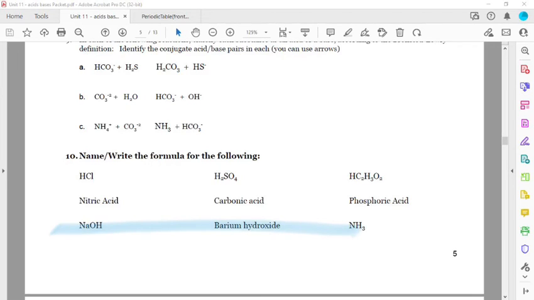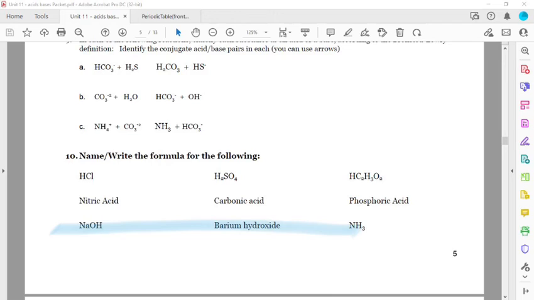So everything we just talked about is going to apply to those first 2 rows, all of those formulas. And I think we've actually seen all of those before, but practice finding their names all on your own, and then you can check back to that page 3 page to double check and make sure it agrees with those names we've already found. There's not really that many acids to name and write formulas for, so you are going to see these repetitively over and over again. So hopefully that helps them stick.